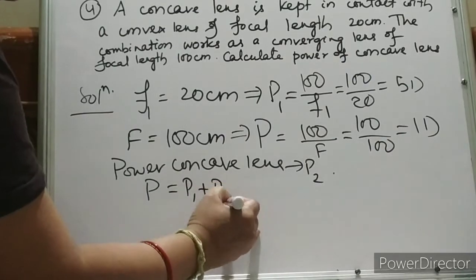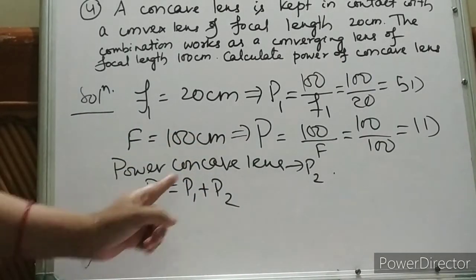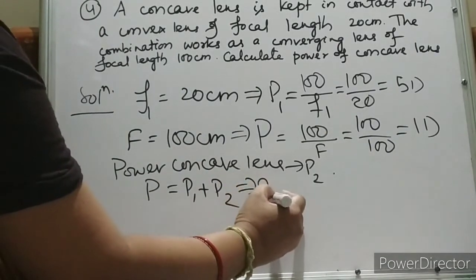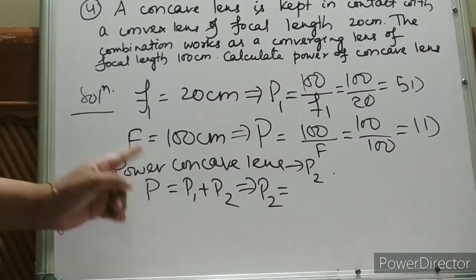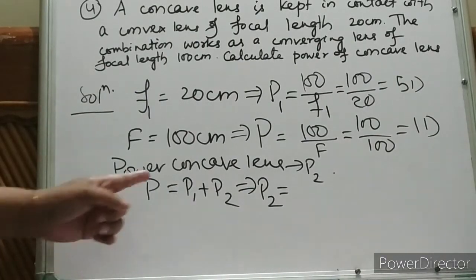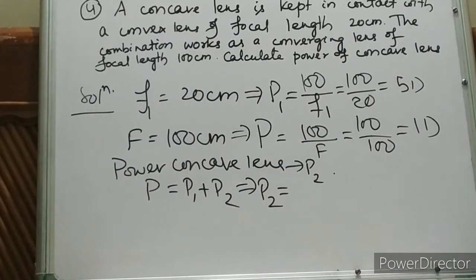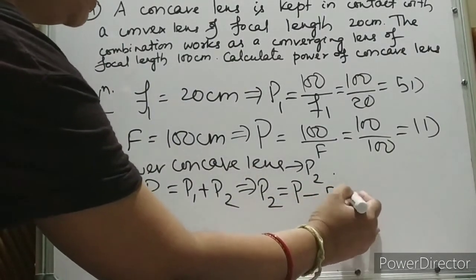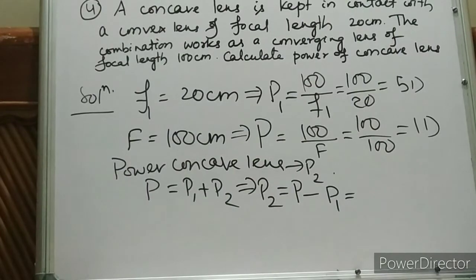This thing we know. Now you know P, you know P1. You can easily find out P2. So what is your P2? P minus P1. Clear, children?